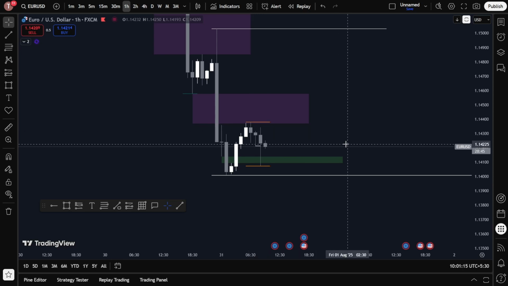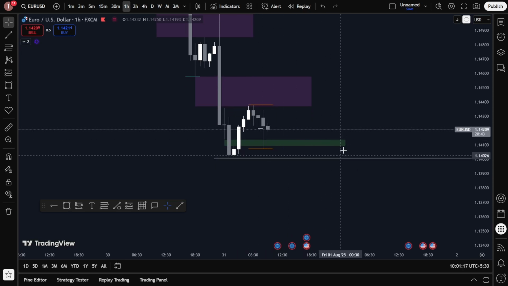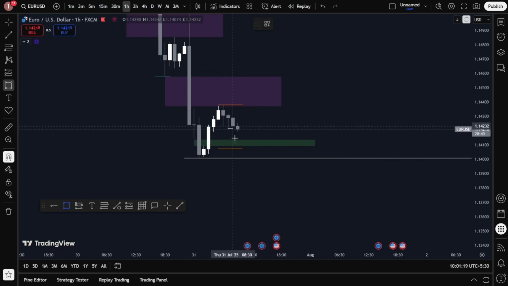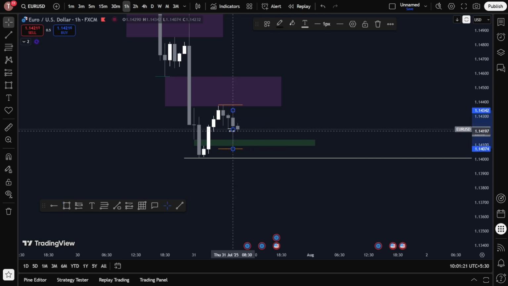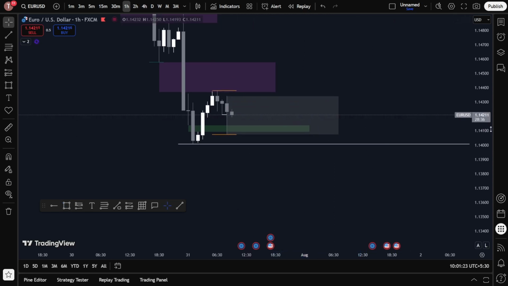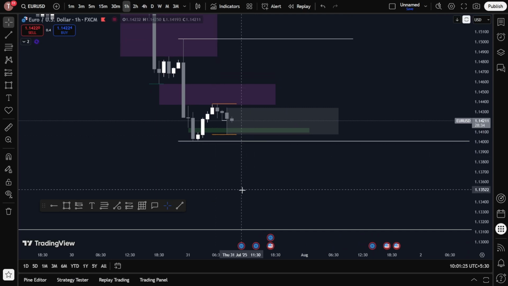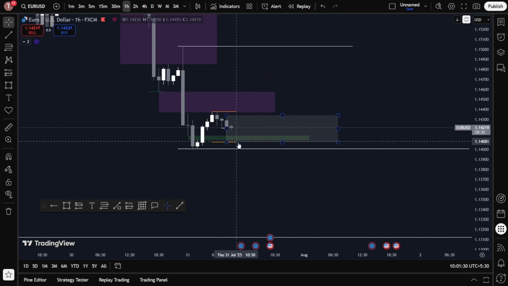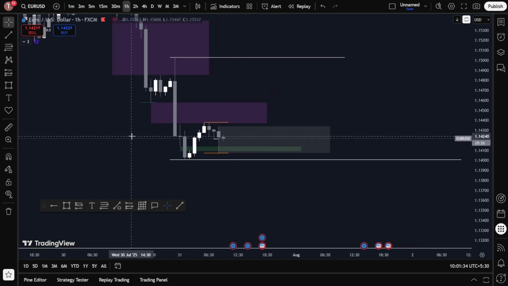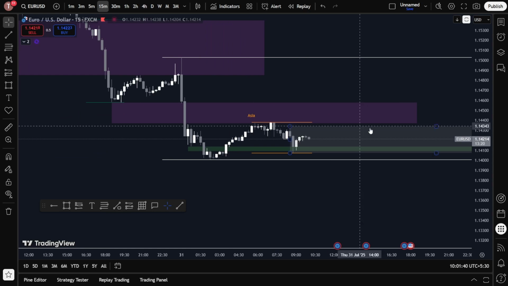So I'll be anticipating that if we move into the downward side, most likely this candle will turn into the flip zone and we can possibly move into the downward side. But for now, nothing much is clear. Either we can go up or down. So for that, I'll be needing some kind of clarity in the market. Let's move to the 15 minutes for now.